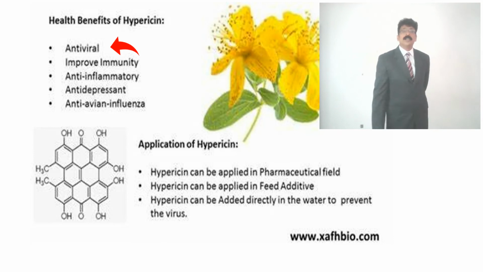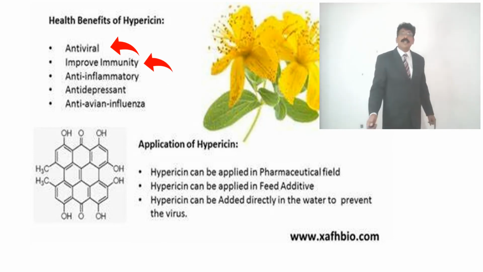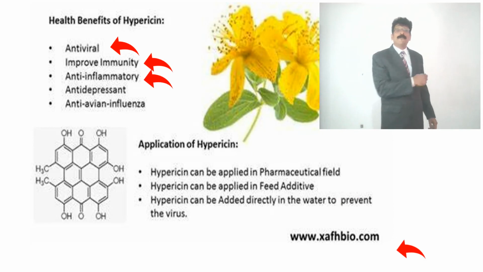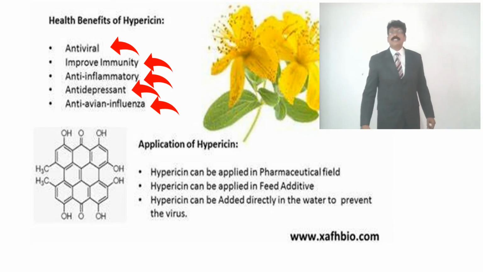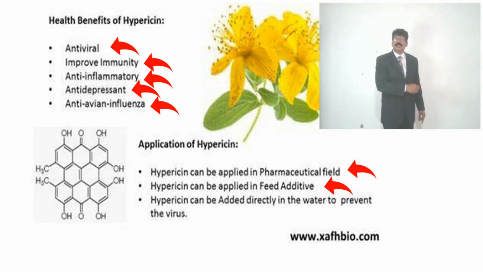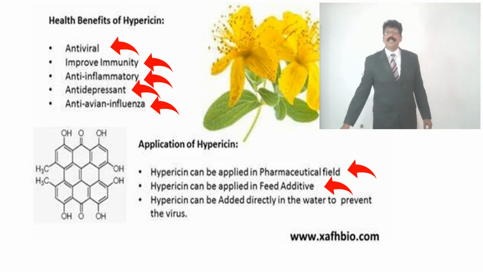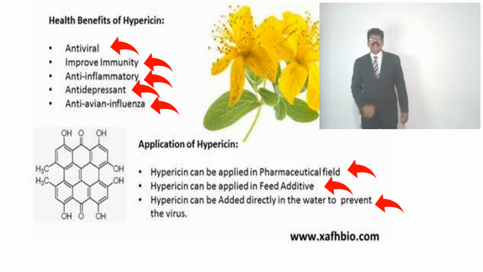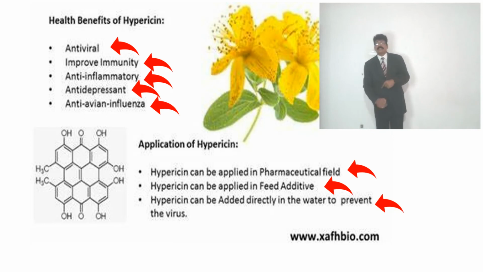Hypericin can be applied in feed additives, and hypericin can be added directly in the water to prevent the virus. Understand? So this is what it has: antiviral effect, improves immunity, anti-inflammatory effect, antidepressant effect, anti-avian influenza, bird flu. For infection it can be given for treatment.